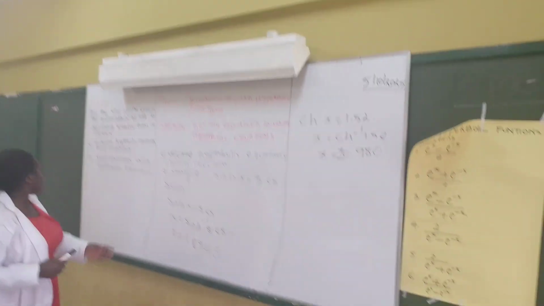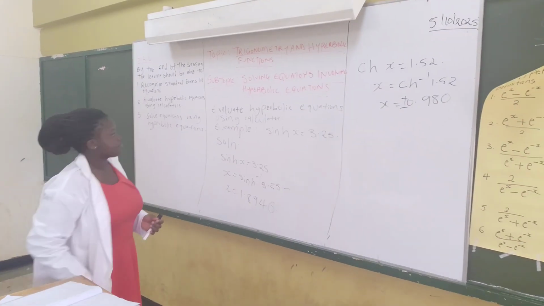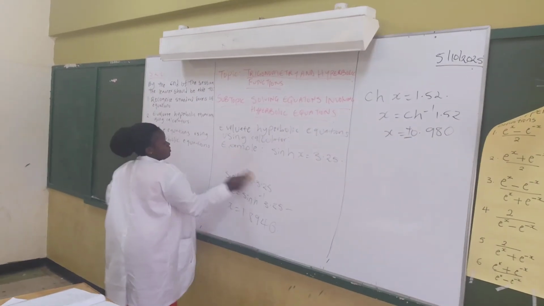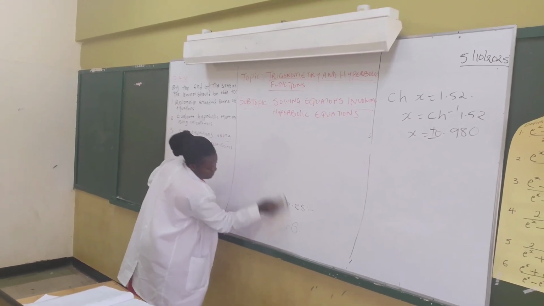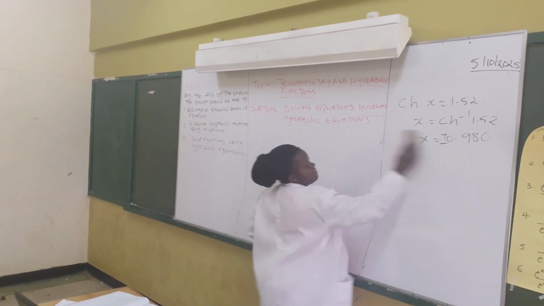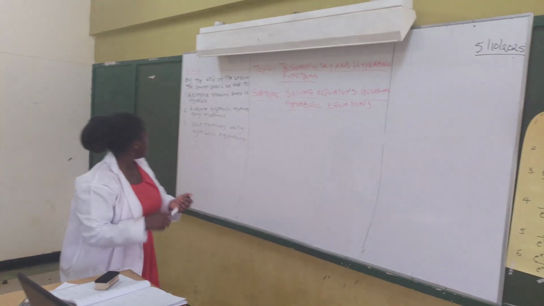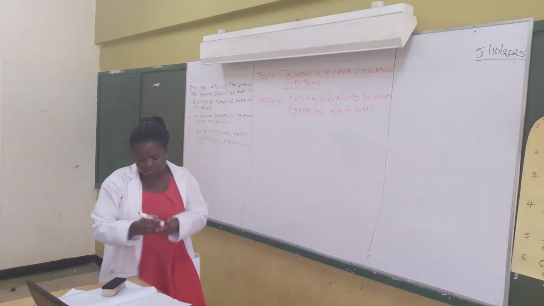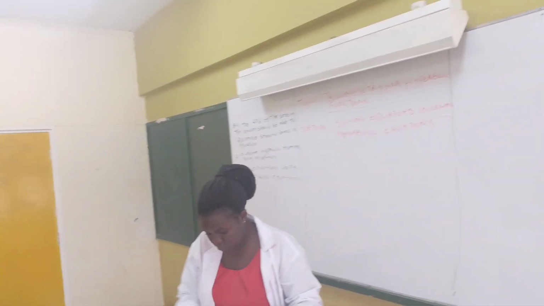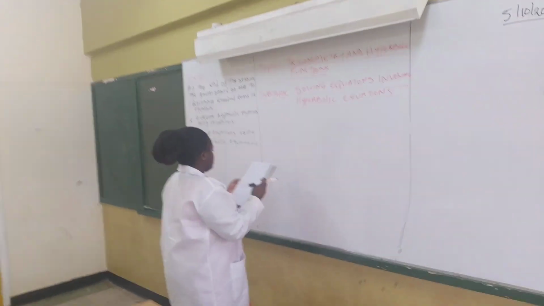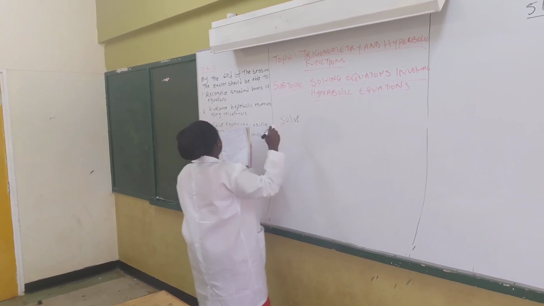So our third learning outcome is to solve the equation using hyperbolic equations. Everybody look at the board.